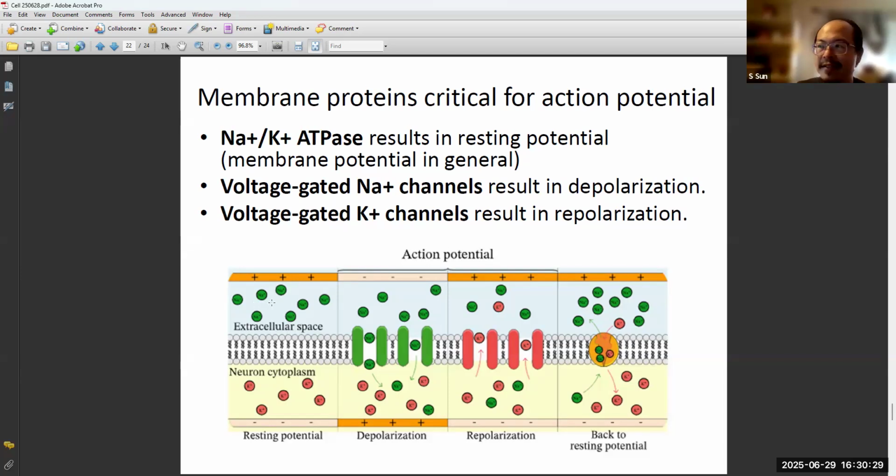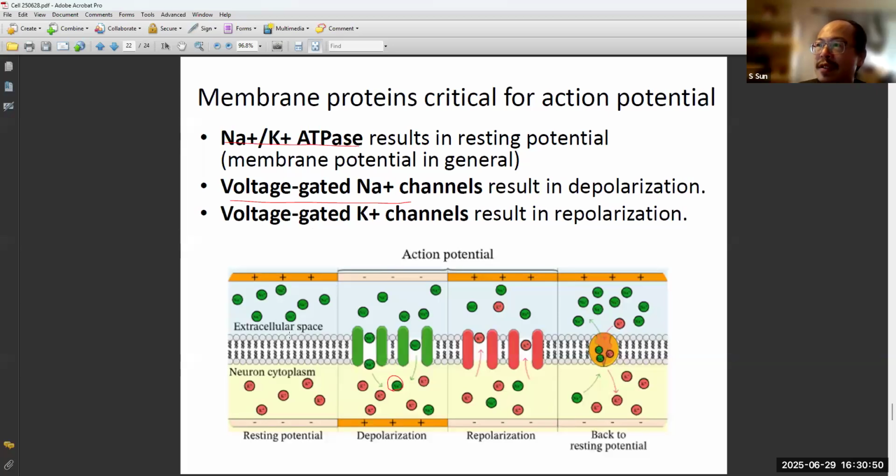When you stimulate it, the first thing you see is the sodium channel open. When the voltage gated sodium channel opens right here. First of all, the resting membrane potential is driven by sodium potassium ATPase.